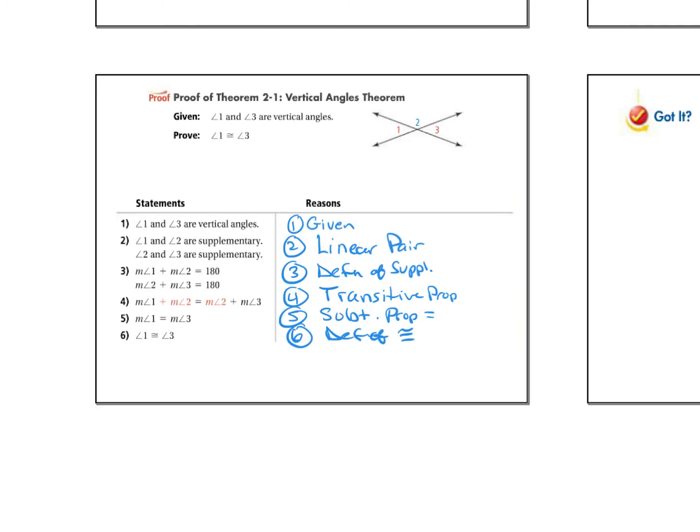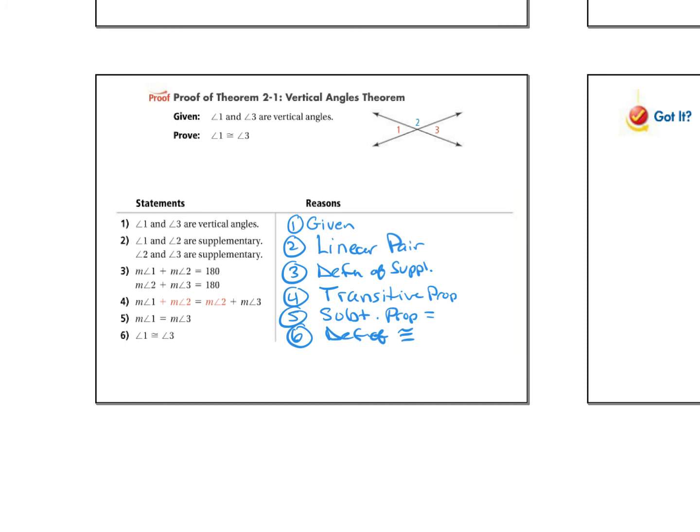So we've got given, linear pair, definition of supplementary, transitive property, subtraction property, and definition of congruence. So that last one can be definition of congruence, or if you ever forget what that is, you can always say angles with the same measure are congruent. That's true. And that could be your reason, for sure.